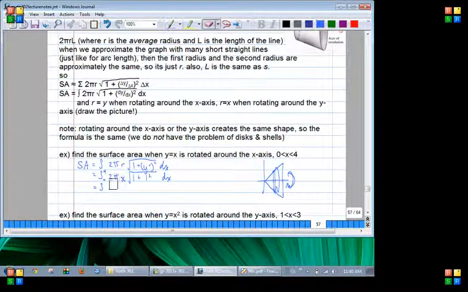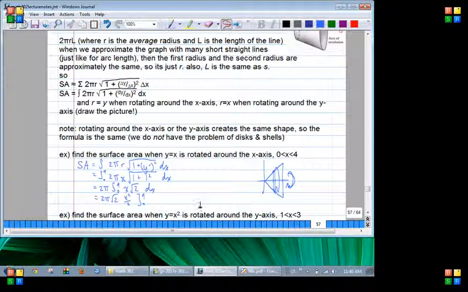So I pull out the 2 pi because it makes my life simpler. From 0 to 4, x times radical 2. Oh, okay, yes. We can even just pull out the radical 2, and now we're just integrating x. What's the integral of x? X squared over 2.